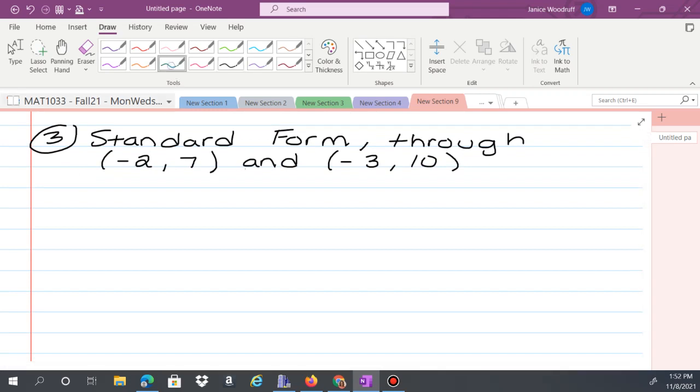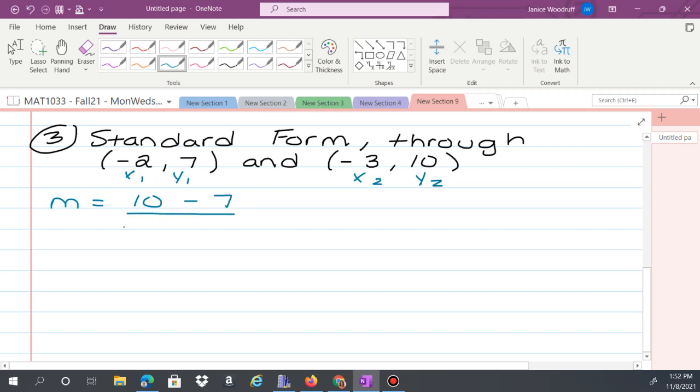We're going to go x and y1, x and y2. So the slope will be, let's see, y2 10 minus y1 7 over x2 -3 minus -2. So 3 over -1. So -3.